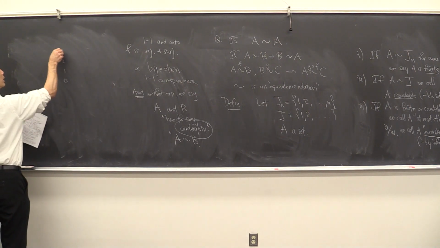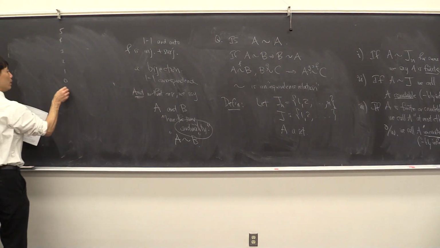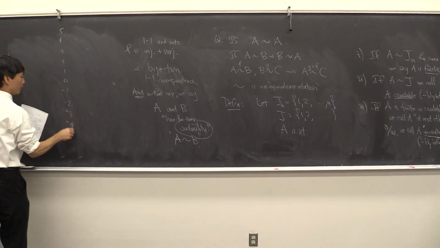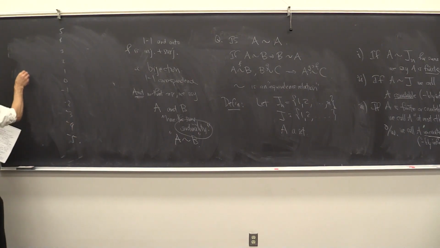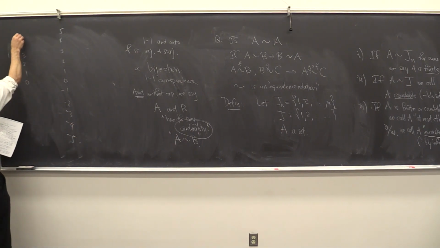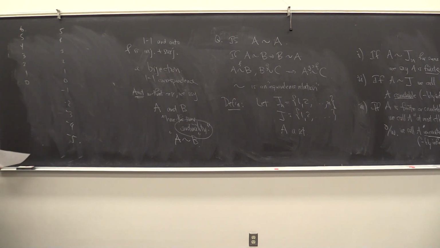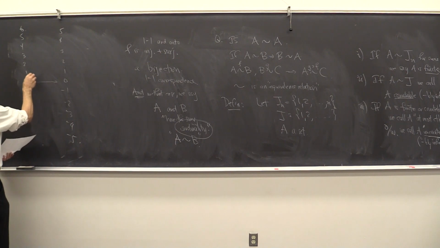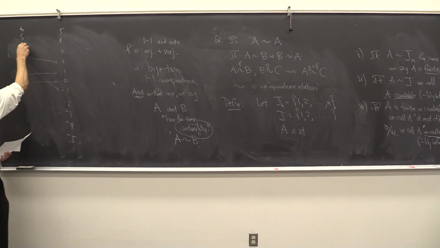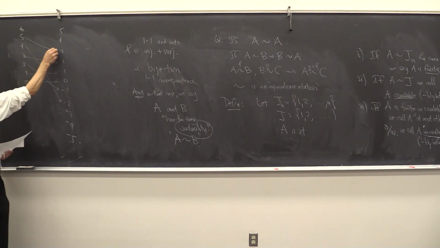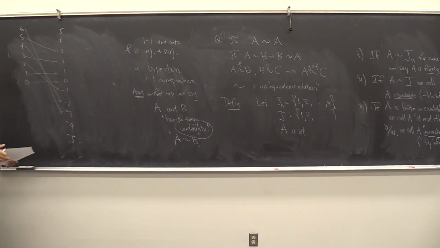0, 1, 2, 4, 5, negative 1, negative 2, negative 3, negative 4, negative 5. And I've got the natural numbers over here. I can make a one-to-one correspondence just by saying I'm going to go positive, then negative, then positive, then negative, et cetera.